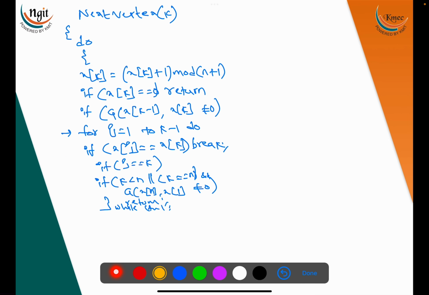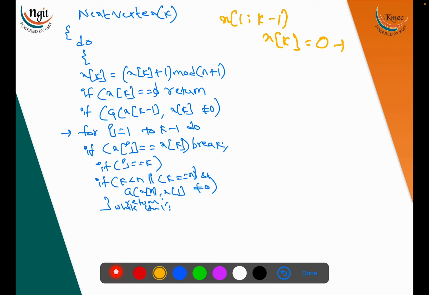For this, there is a next vertex function, and here I am writing an array x1 to k minus 1, which is a path of k minus 1 distinct vertices. If x of k is equal to 0, then no vertex has been assigned to x of k. Initially no vertex is assigned.